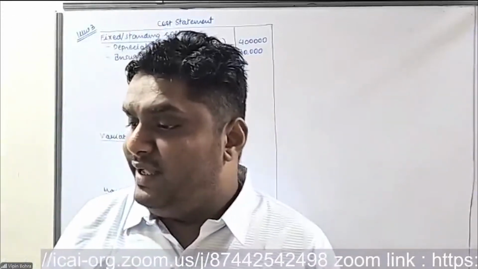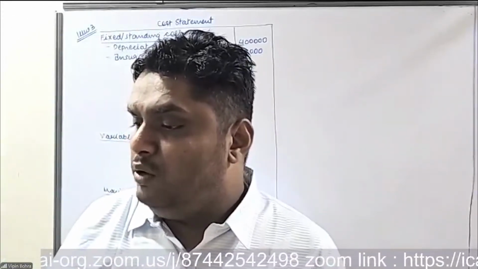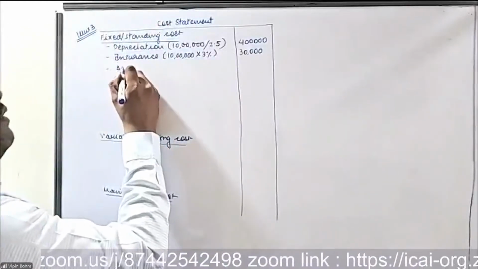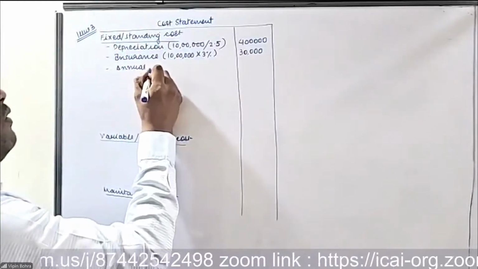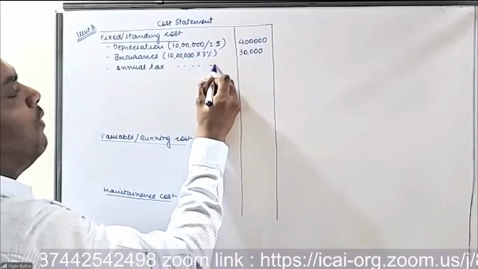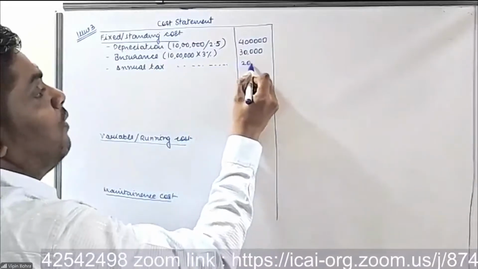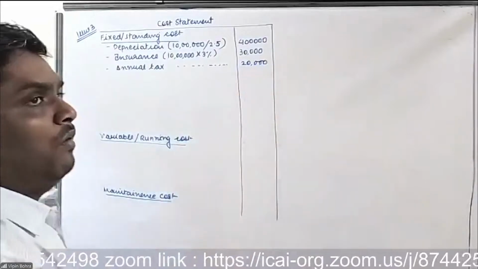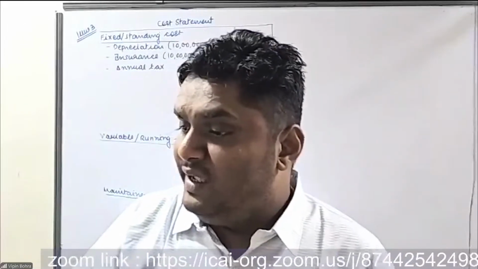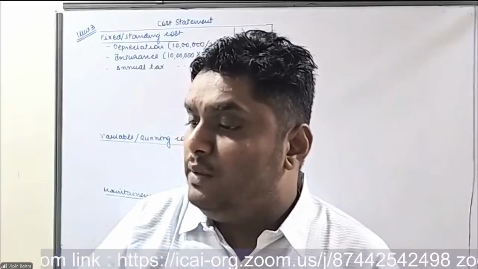Further, it is given that the annual tax amounts to rupees 20,000. Further, the garage rent is 20,000 per month.